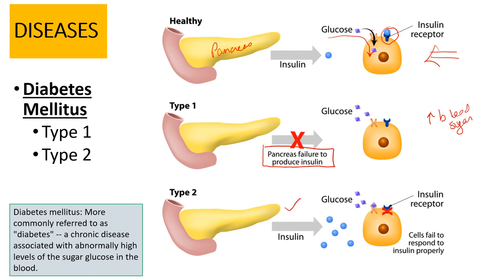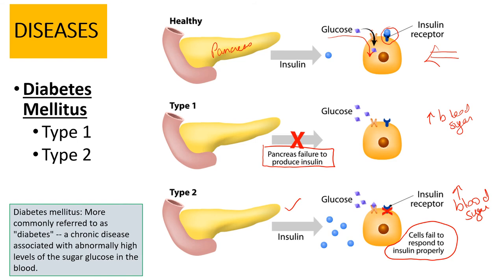The problem is the cells fail to respond to the insulin. So they're not recognizing the insulin. Therefore, the glucose still can't get into the cell. Your result is still the same. You still have high blood sugar, but for two very different reasons.